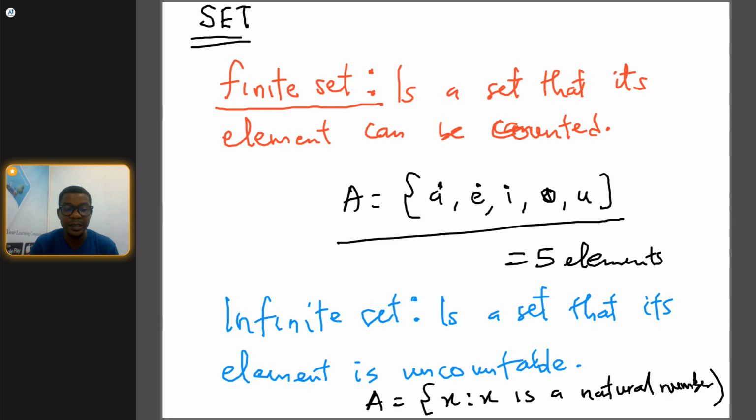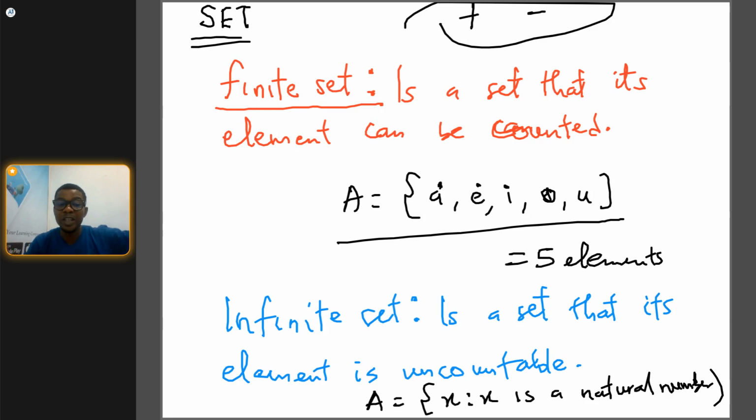integers? Integers are a set of numbers that are both negative and positive whole numbers. So if you are asked to list out the integers we have, you will see that we have a lot of integers.